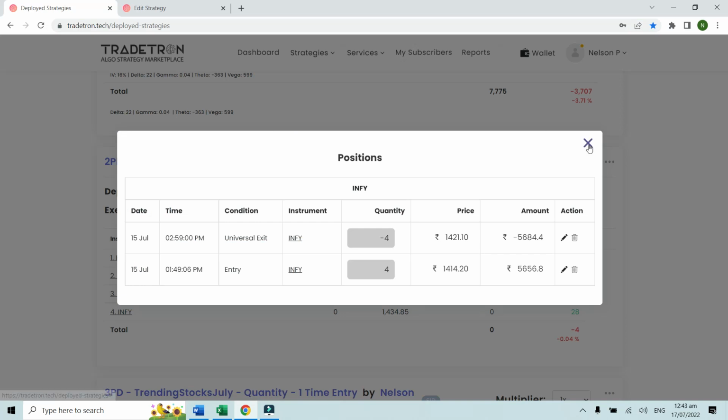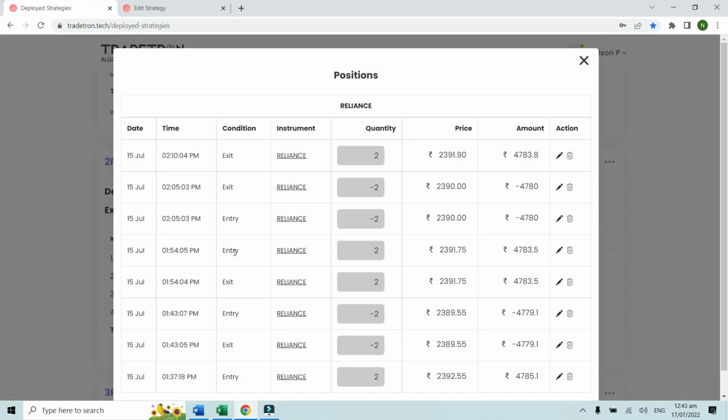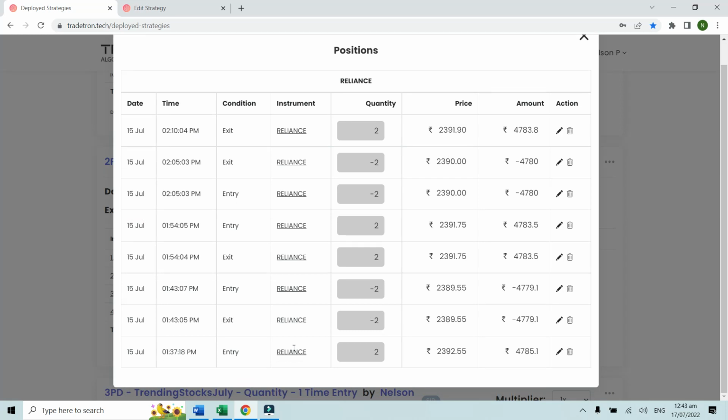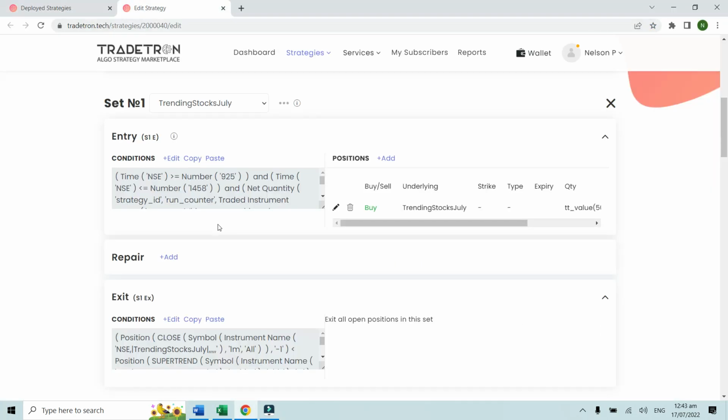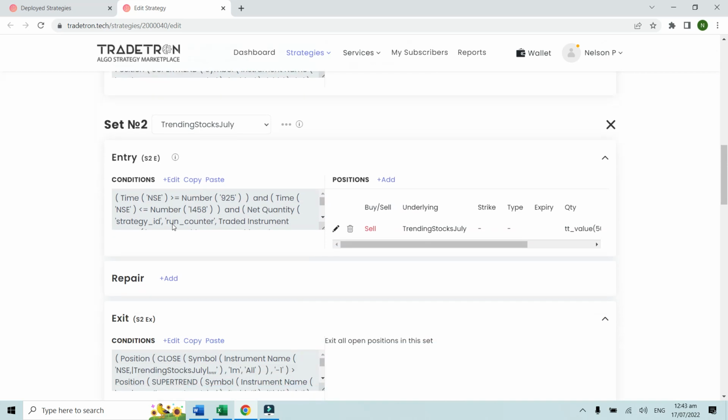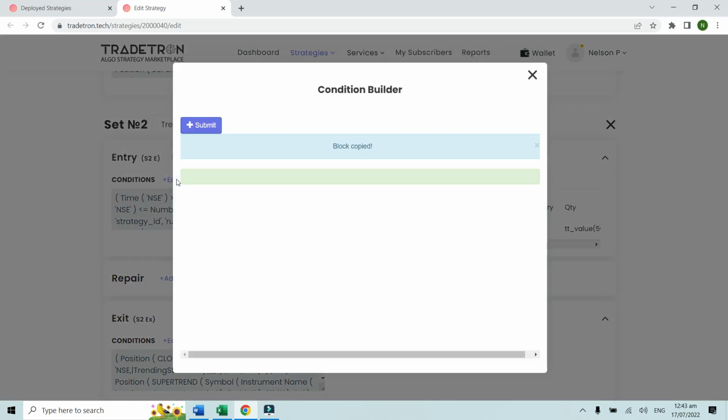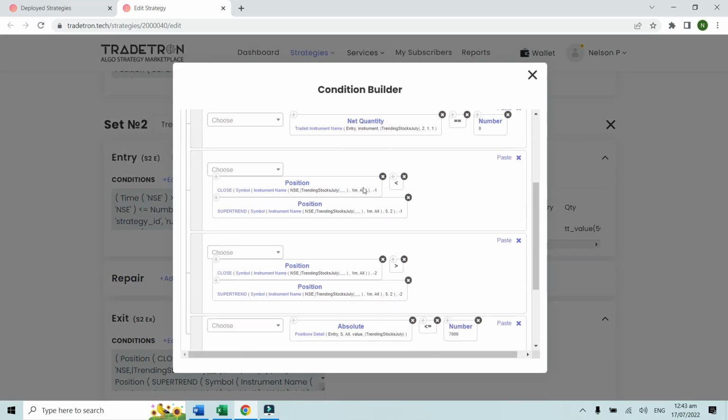So first of all, let's go for Reliance. All right. So Reliance first buy entry has happened at so and so time. Let me just also show you the short side of the strategy. So this was the buy side that we saw, and similarly on the short side we will see that it's basically nothing but the downside crossover.